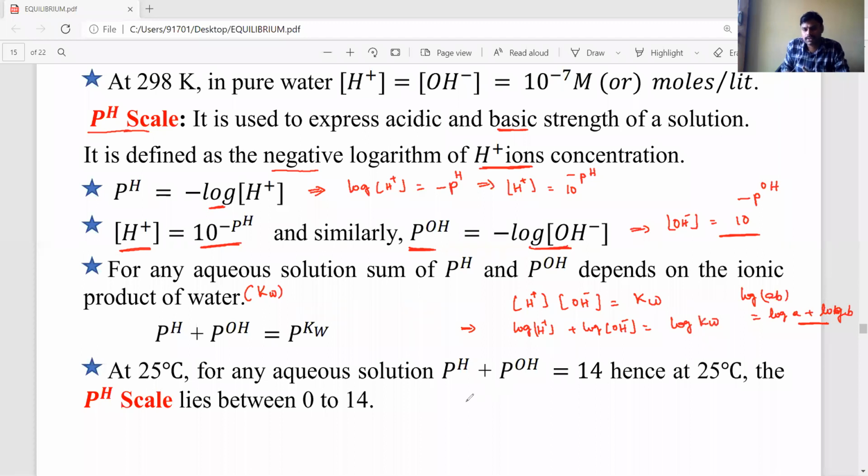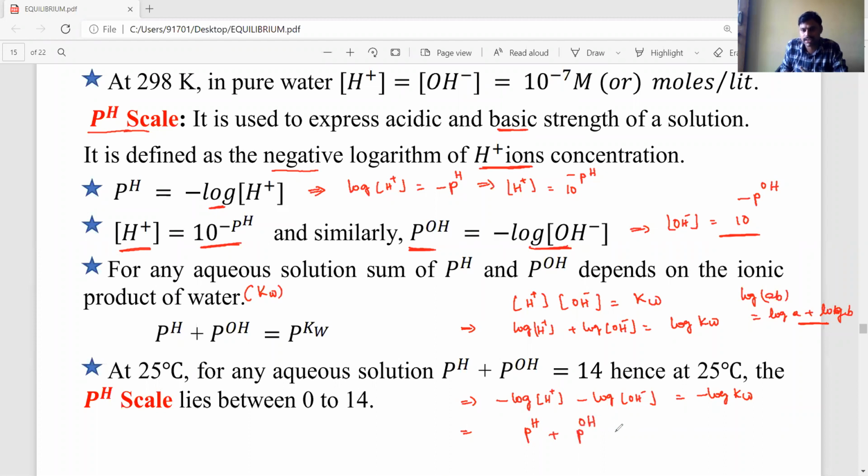Now you have to multiply both sides with a negative sign. So minus log H plus ions concentration minus log OH minus ions concentration is equal to minus log Kw. Minus log H plus ions concentration is nothing but pH, and minus log OH minus concentration is nothing but pOH.